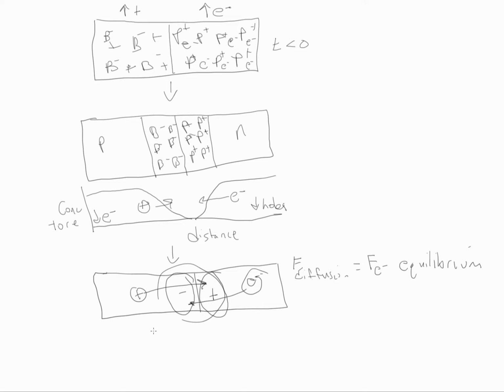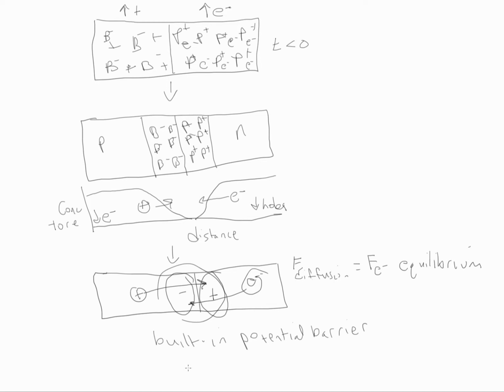And you can calculate this built-in potential that's created by the depletion region. Again, the book gives a formula, and there's no derivation. You probably have to take some physics class where they derive it.